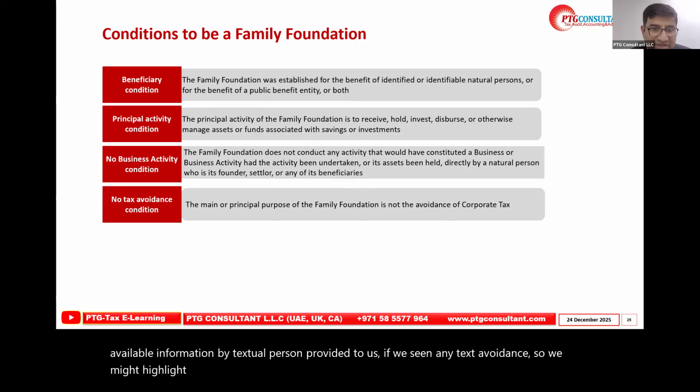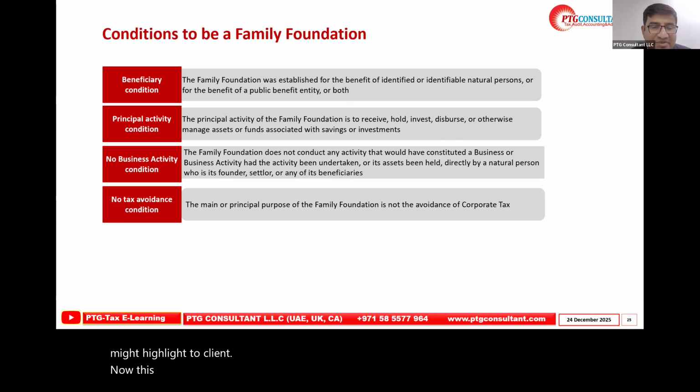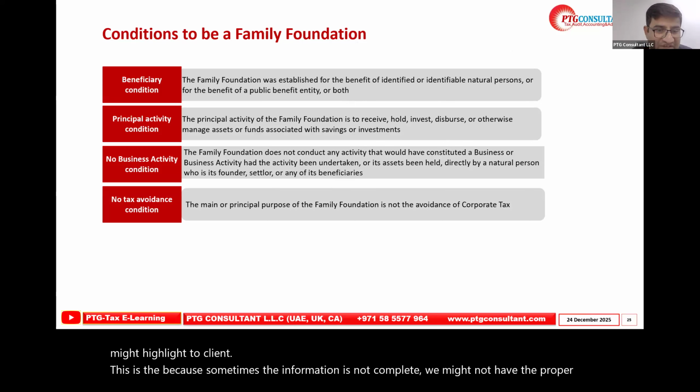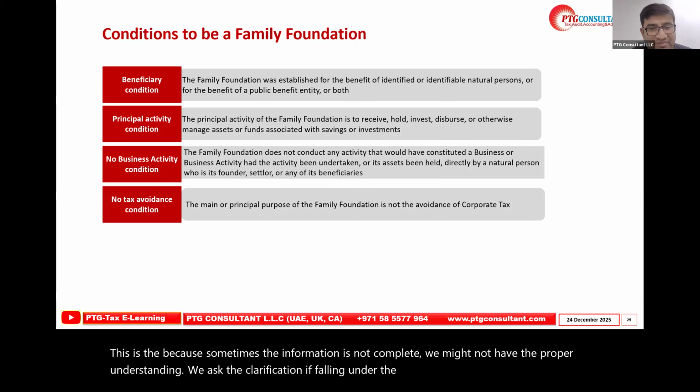Sometimes the information is not complete and we might not have a proper understanding, so we ask for clarification on whether it falls under tax avoidance or not, subject to further detail. Accordingly, we take the action.